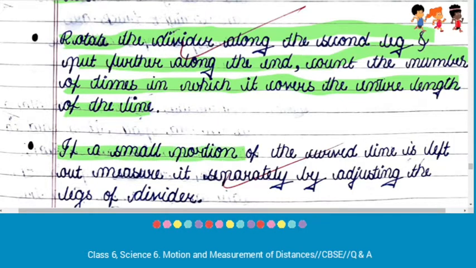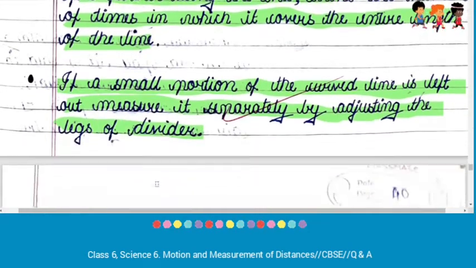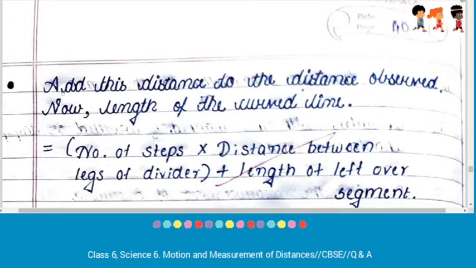If a small portion of the curved line is left out, measure it separately by adjusting the legs of the divider. Now add this distance to the distance observed.